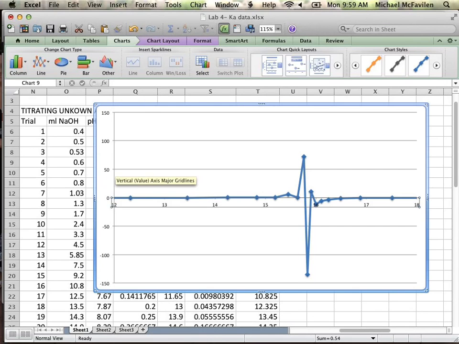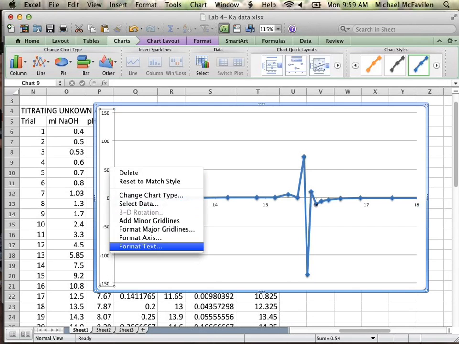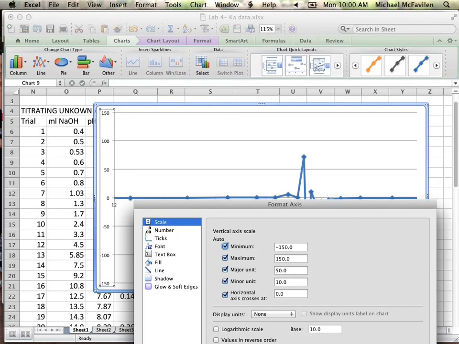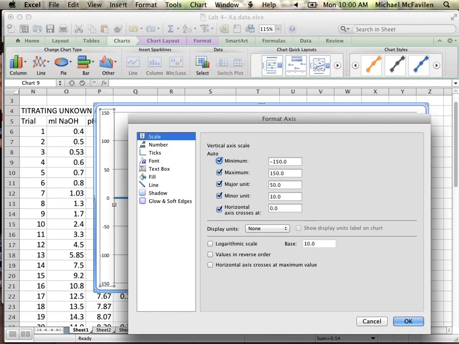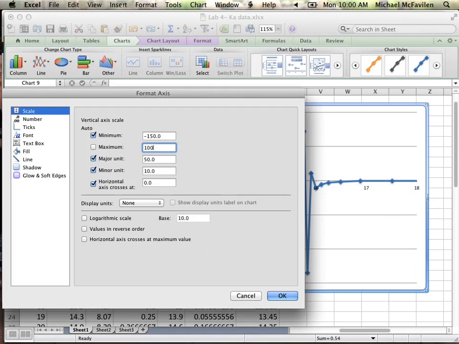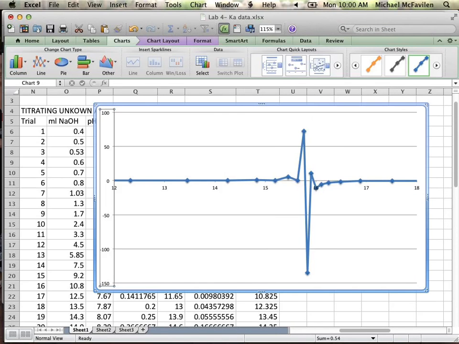I changed the y-axis a little bit here too so we can see that. Let's just try 100. That'll be okay. So this would be the plot that I would expect to see in your report. You would call this your second derivative and start to interpret your stuff off of it. Okay? That's what you would show.